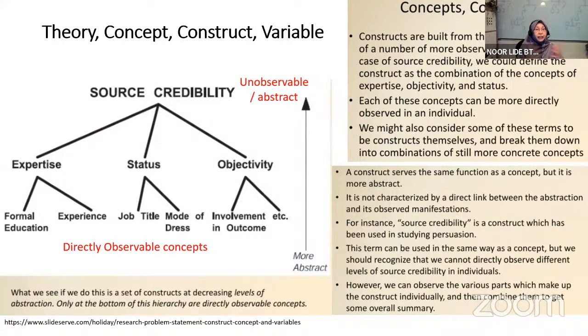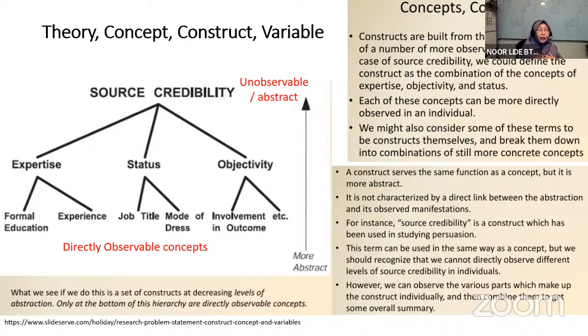If you're interested in source credibility, you have to think about what the indicators of source credibility are, and what concepts are related to source credibility. And once you get those related concepts, you have to find out how you want to measure them. What could be the observable concepts that can be related to these things?